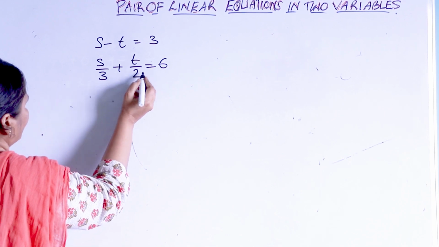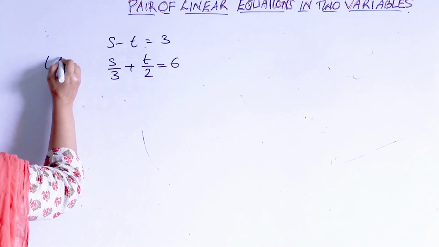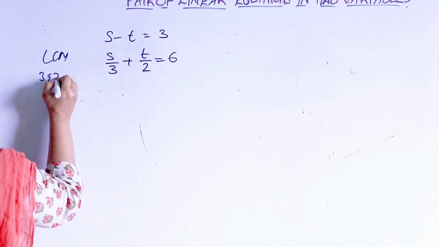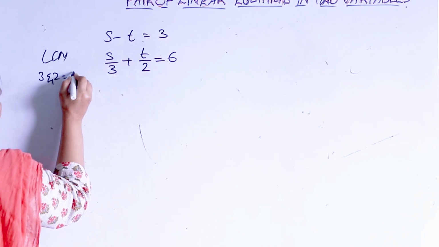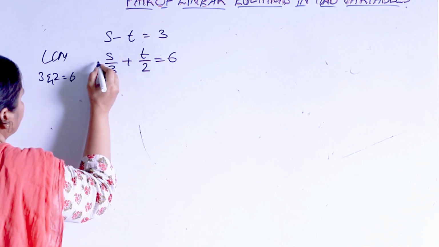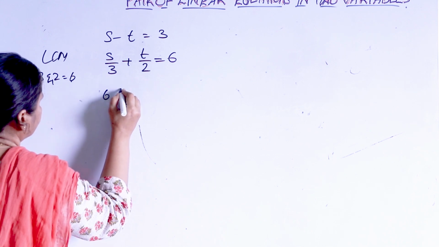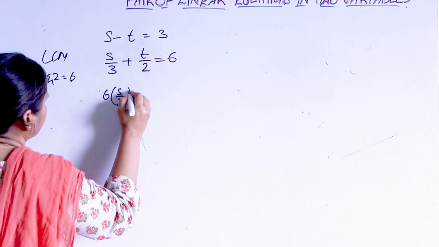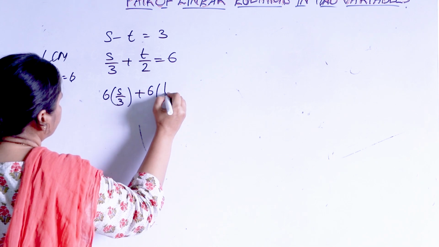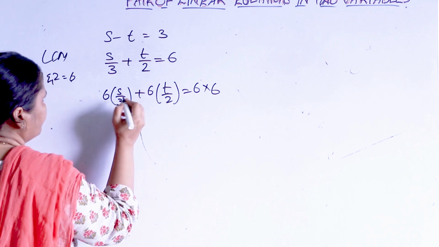Multiply every equation by LCM of 3 and 2. So we know LCM of 3 and 2 is equal to 6. So this 6 will be a multiplying factor of this. So 6 times s by 3 plus 6 times t by 2 equals 6 times 6.